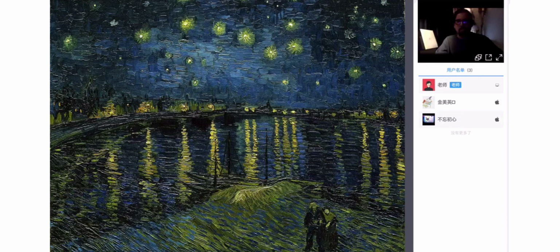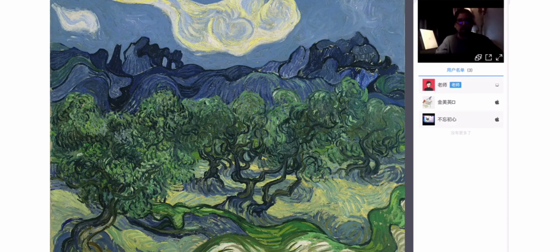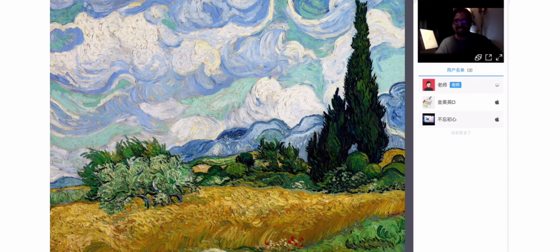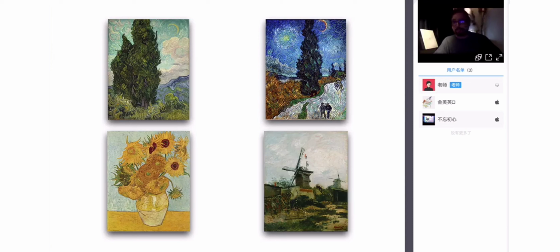Really nice reflection here of the stars on the lake, and yeah, everything's dreamlike. Everything is fluid, moving like water, I guess. Okay, and of course there are many more works by Van Gogh for you to check out.